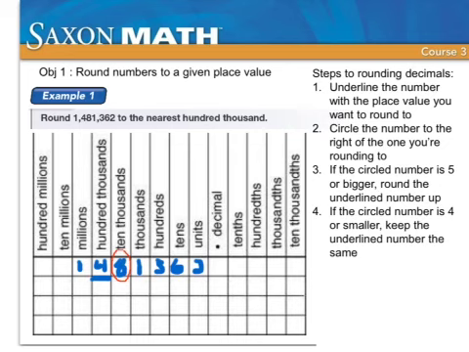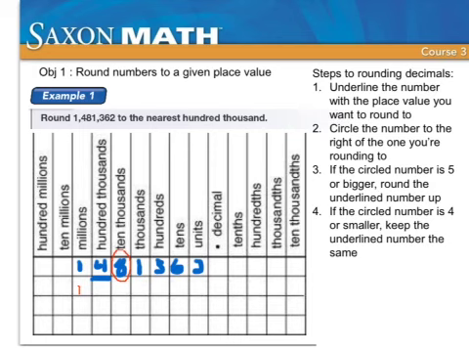If the circled number is 5 or bigger, you round the underlined number up 1. If the circled number is 4 or smaller, then you keep the underlined number the same. Well, the circled number is 5 or bigger, so we're going to round the 4 up to 5.